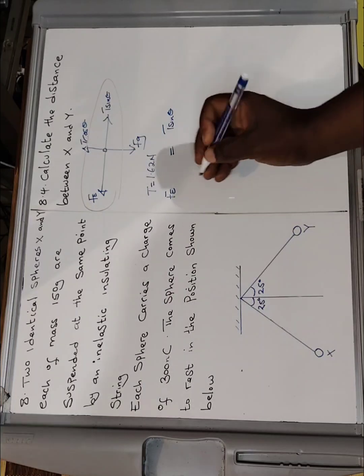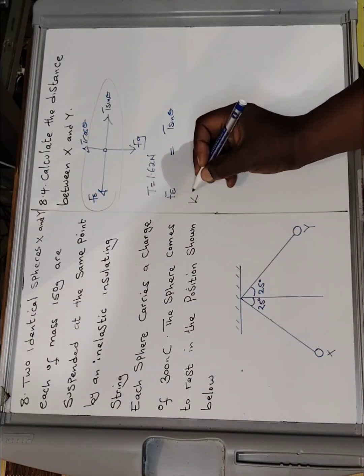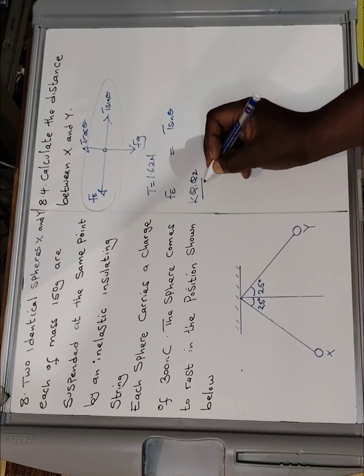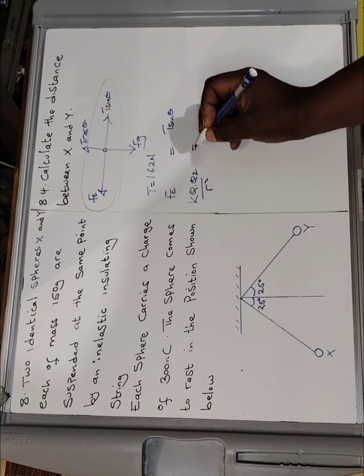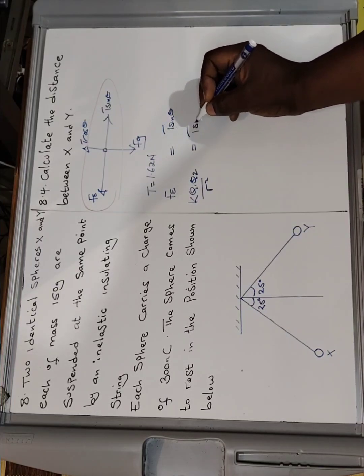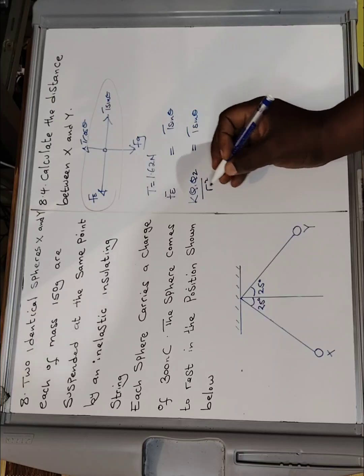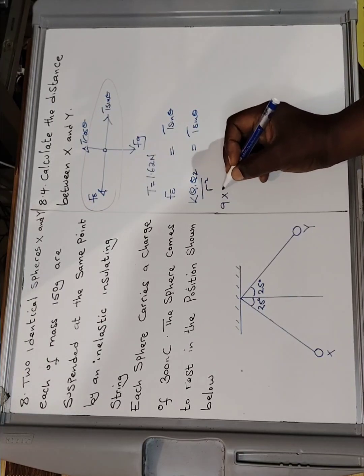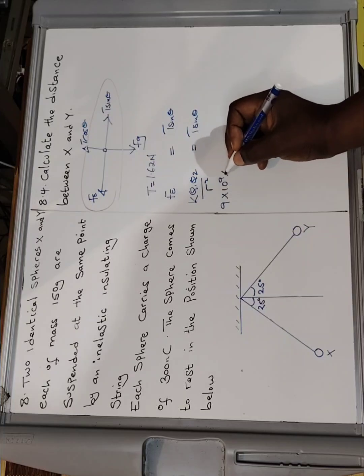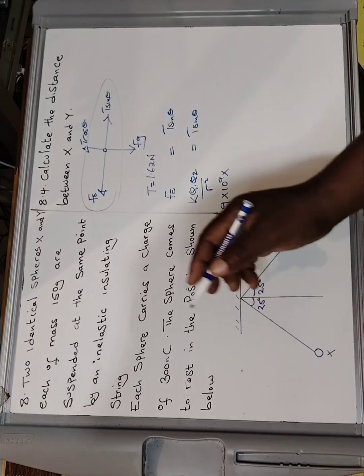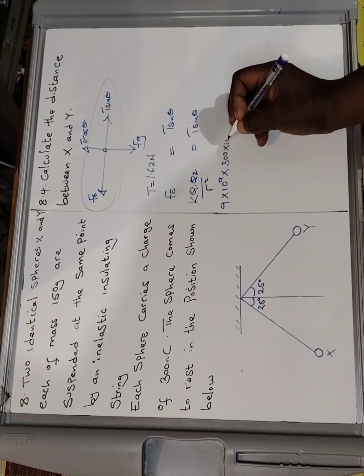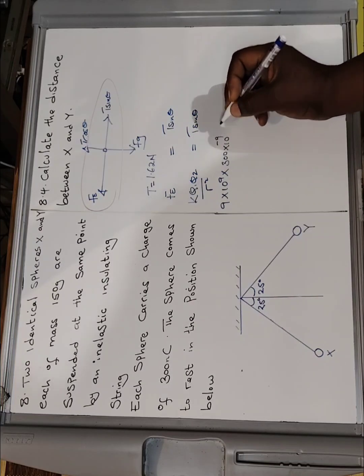What is Fe? Fe is k Q1 Q2 over r squared, which is equal to T sine theta. What is k? It's 9 times 10 to the power 9. And the charge is 300 times 10 to the power minus 9.